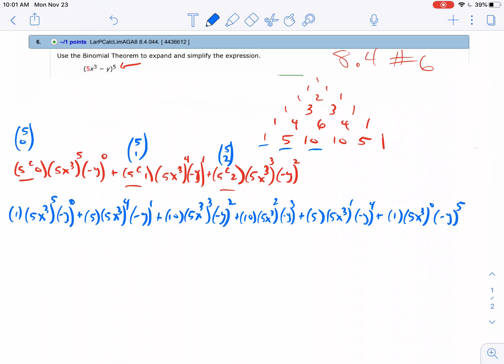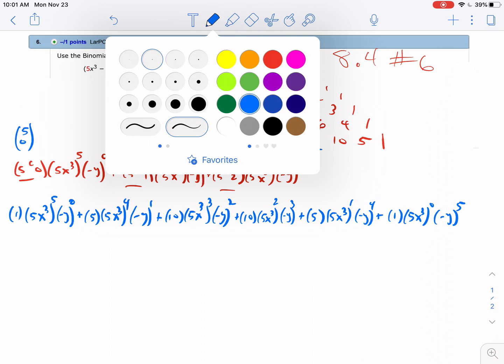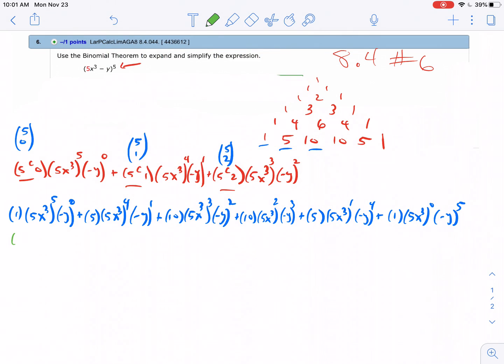But now we're going to start to simplify each piece. So this is a 1. Now you have to be careful because these numbers are going to get big. So 5 raised to the 5th power is 3125 x to the 15.